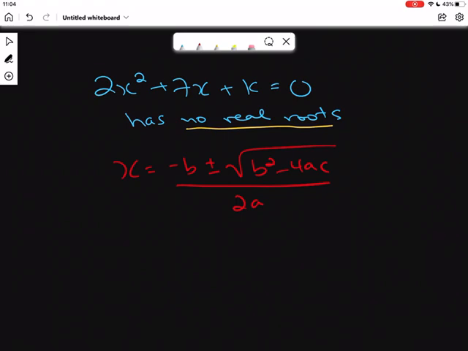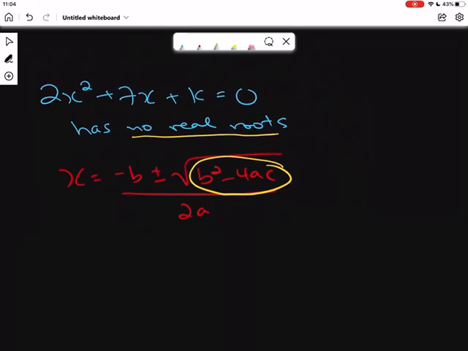Let's just recall that this is what we use to find our x value, but specifically we're really concerned about this b squared minus 4ac. This piece of the quadratic formula is going to tell us whether we have no roots, exactly one root, and again, root meaning solution, or two roots.